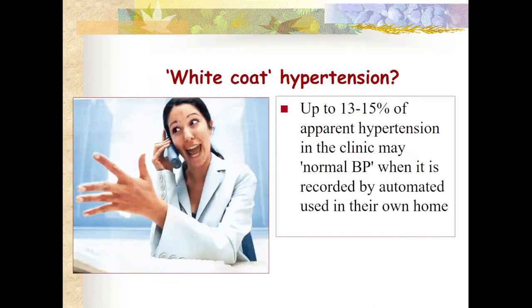Up to 13 to 15% of apparent hypertension in the clinic may be normal blood pressure when it is recorded by automated devices in their own home. Office BP is sometimes associated with office arterial hypertension, sometimes associated with white coat hypertension.